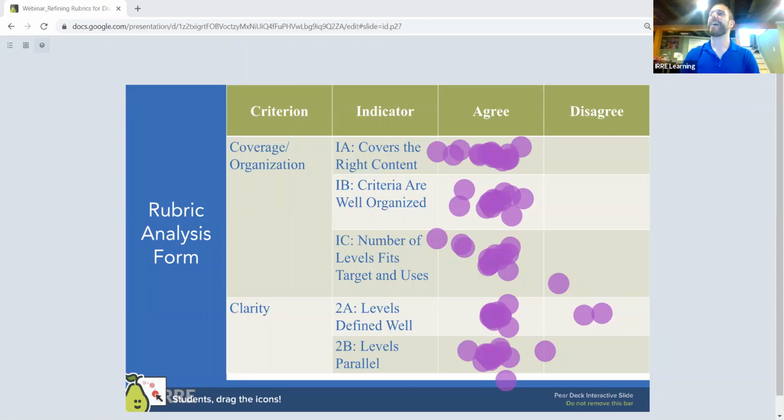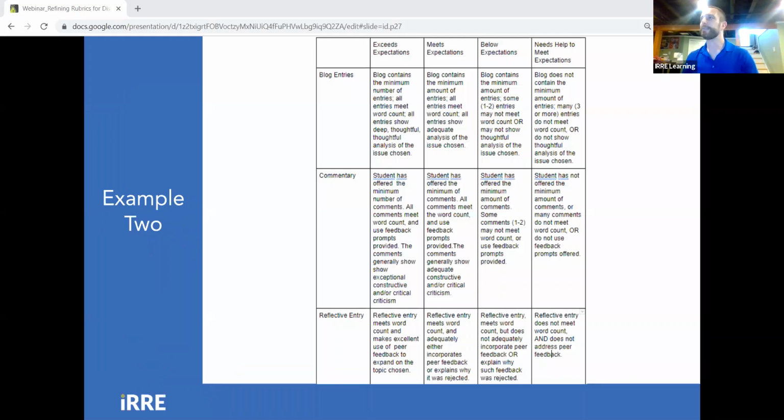Let's take a look at another rubric and have some further discussion around that. This next rubric comes from a social studies teacher who asked their students to create a blog entry based on a select set of topics in their class. They asked them to provide commentary on other students' blogs.